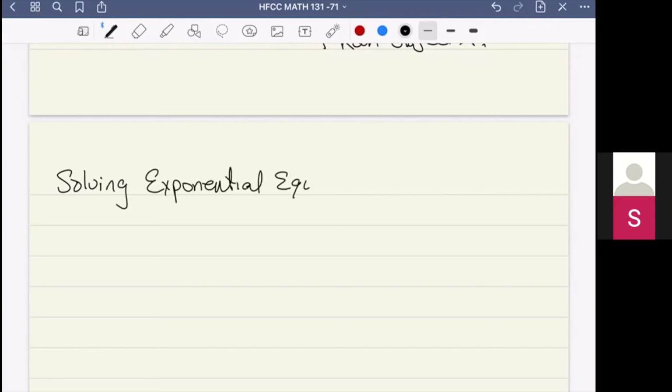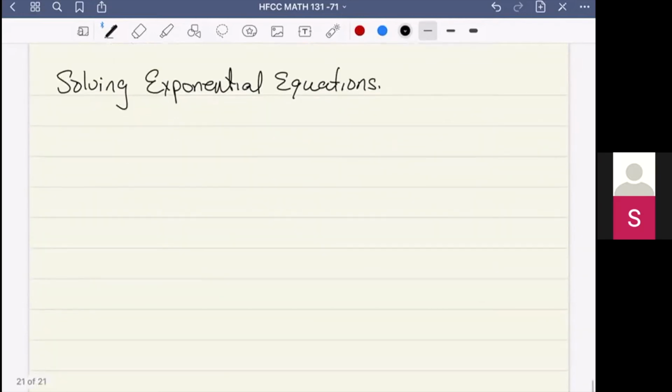I want to say 3 logarithmic rules. The first rule would be log of a to the power t.